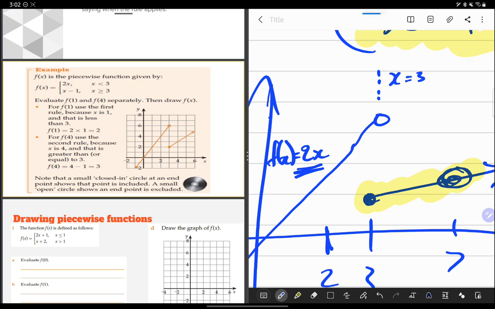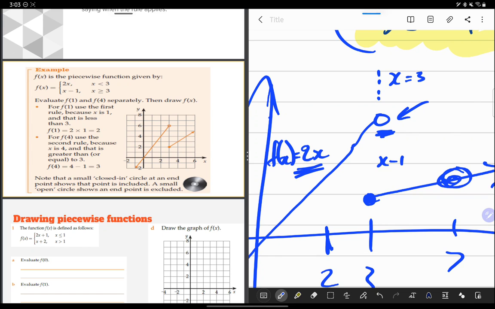So that's why, for this function, once we reach 3, this function doesn't apply anymore, so we have this empty circle there. It needs to have a blank in the middle. Now let's look at that second graph, the x minus 1. This graph does include the value for x equals 3. This point is included. If x is 3 exactly, we use this exact point, right?